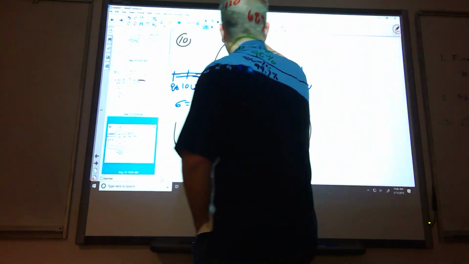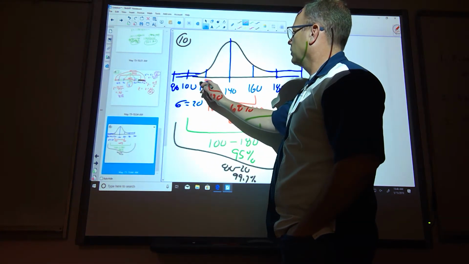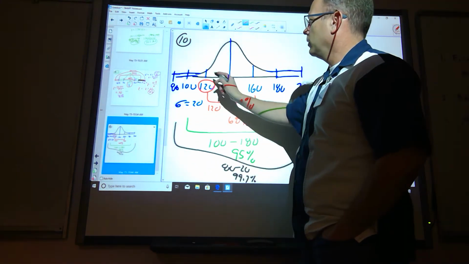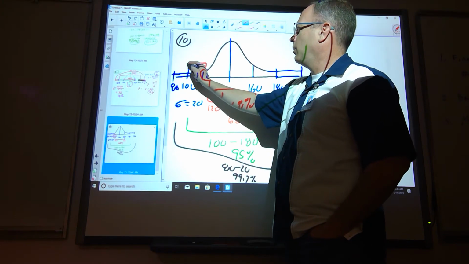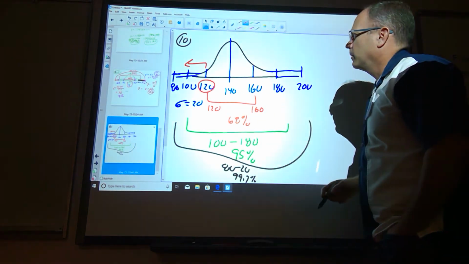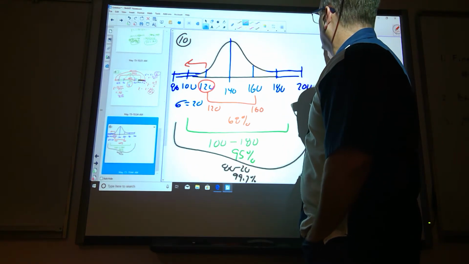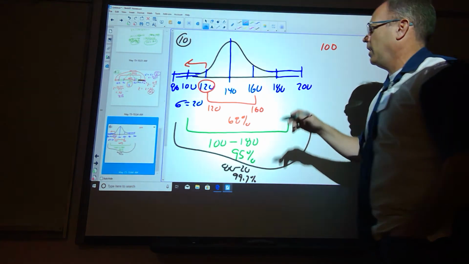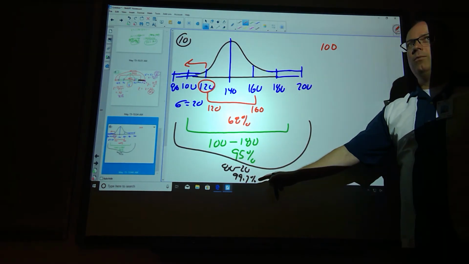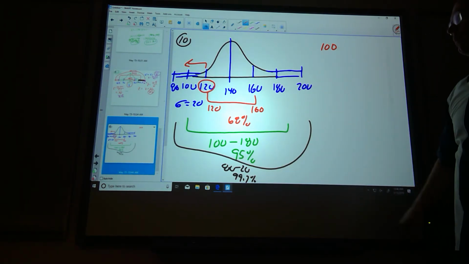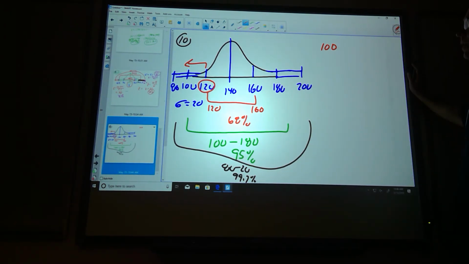Probability that there's 120 or fewer coins. So I'm talking about the region that's going this way. Let's say 100% is everything. And I know it's 99.7, but if we keep going further, we approach 100%. So we want less than 120.